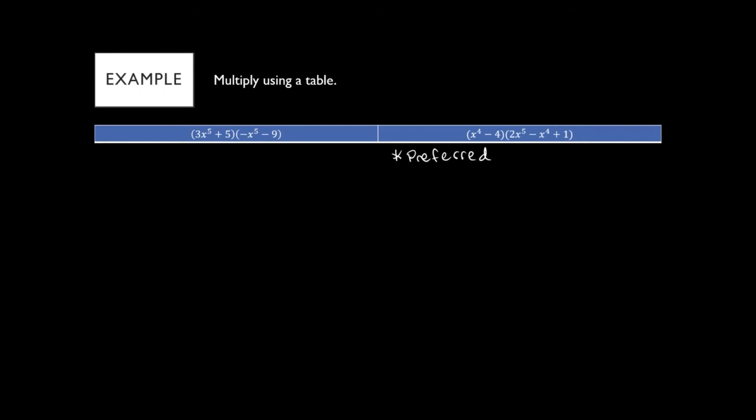Our step 1, just like before, is to rewrite all subtractions as adding a negative. That's just a good first step, no matter what you're doing.